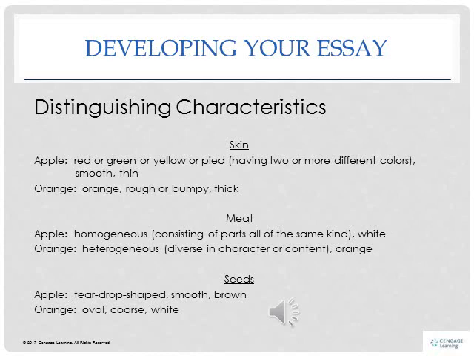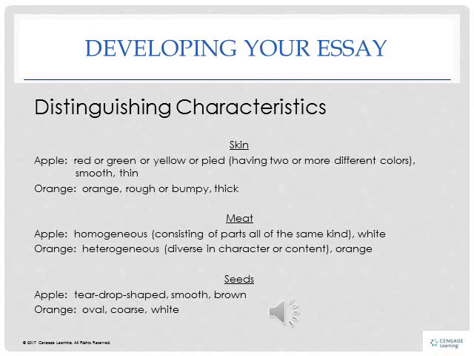Now, with an orange, you want to find, and this is very important, you want to make sure that you have distinguishing characteristics that match the ones before. So, in the case of red or green or yellow or pied, we're talking about color. So there needs to be a distinguishing characteristic of color with the orange, and that's pretty simple. It's orange.